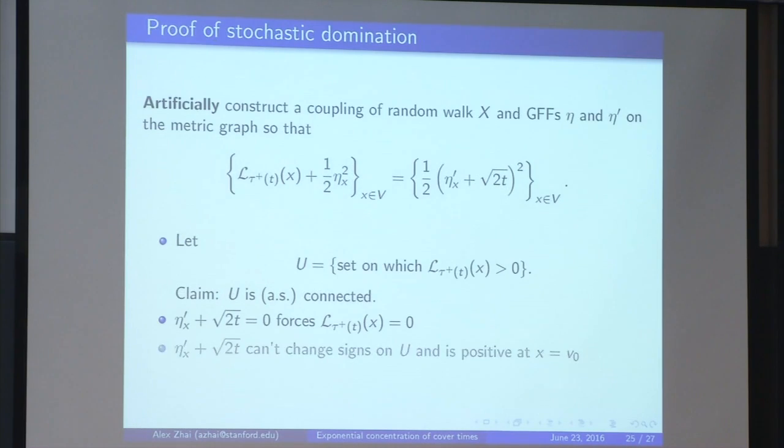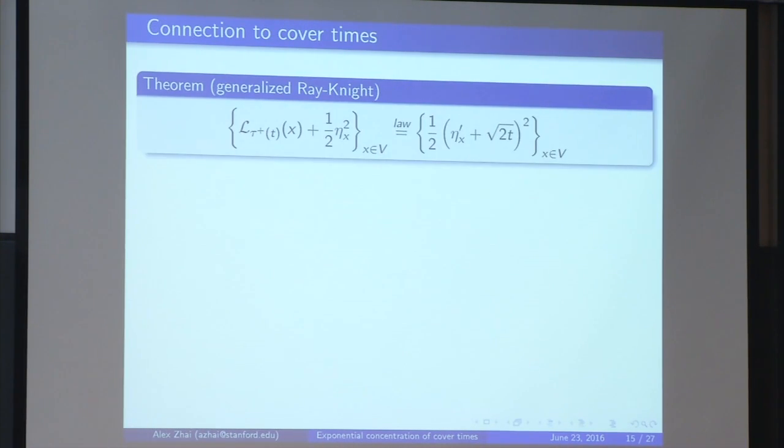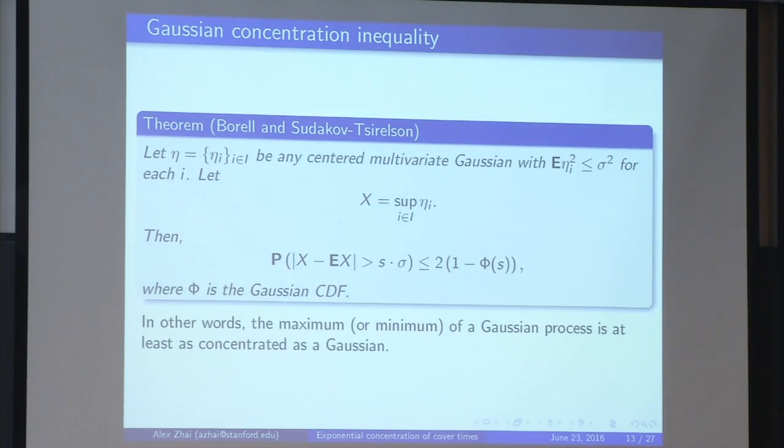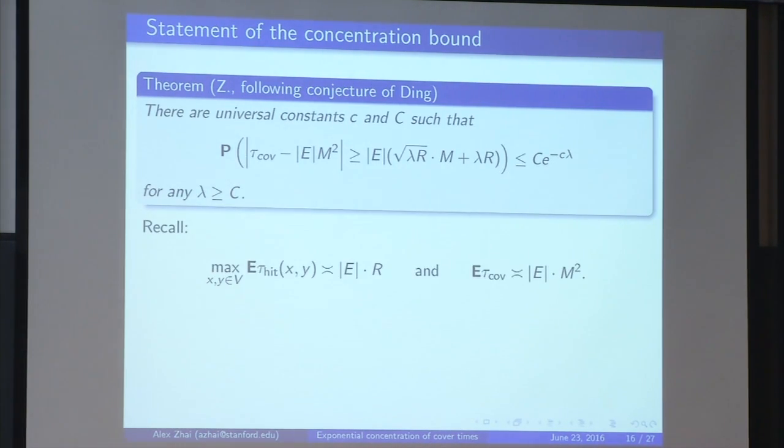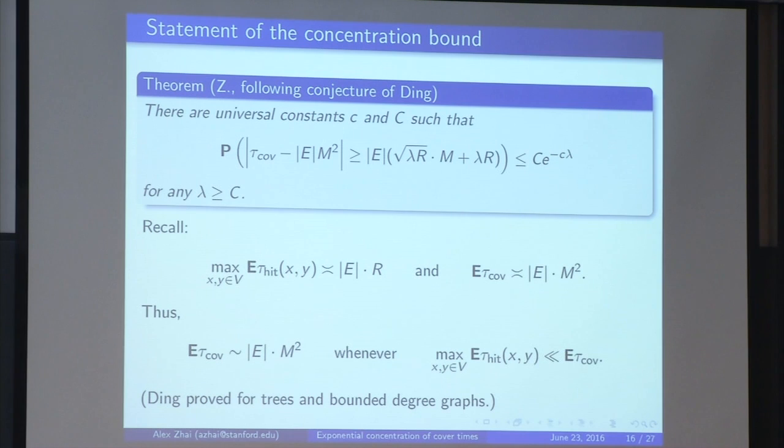Another thing I want to quickly mention is that back here, we found that the fluctuations are like e root r times m, but one might think that the fluctuations can actually be e times r.